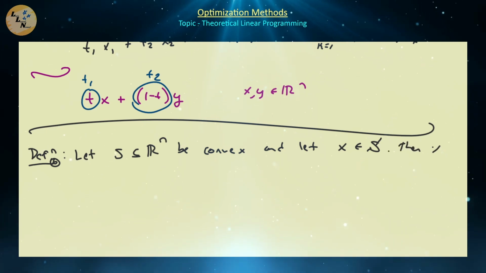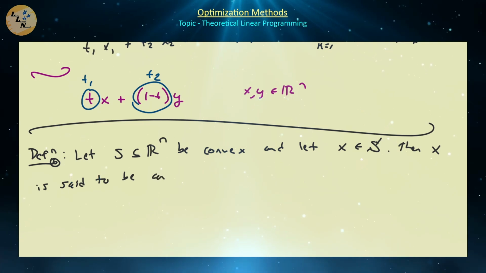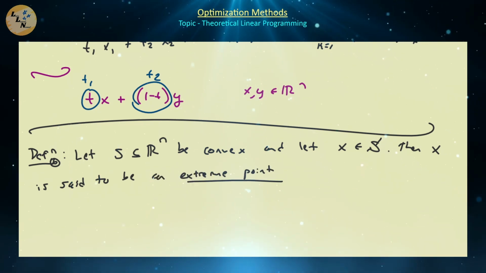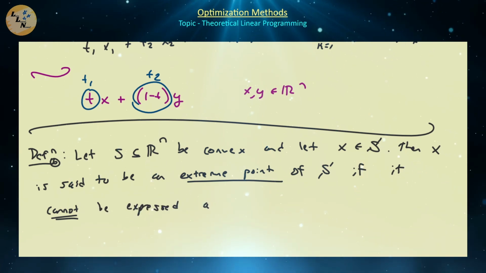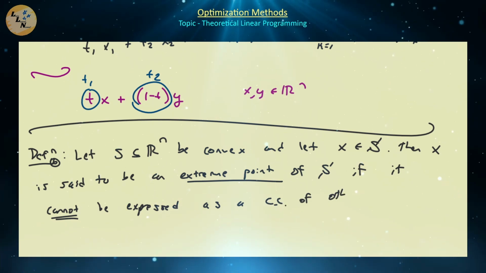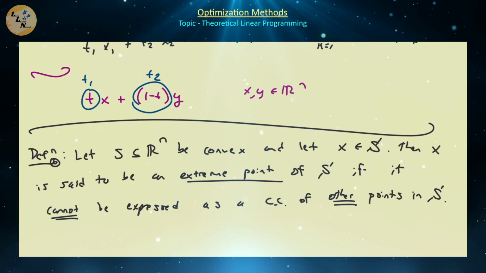Then x is said to be an extreme point of S if it cannot, keyword here, cannot be expressed as a convex combination of other points, keyword here, other points in S.